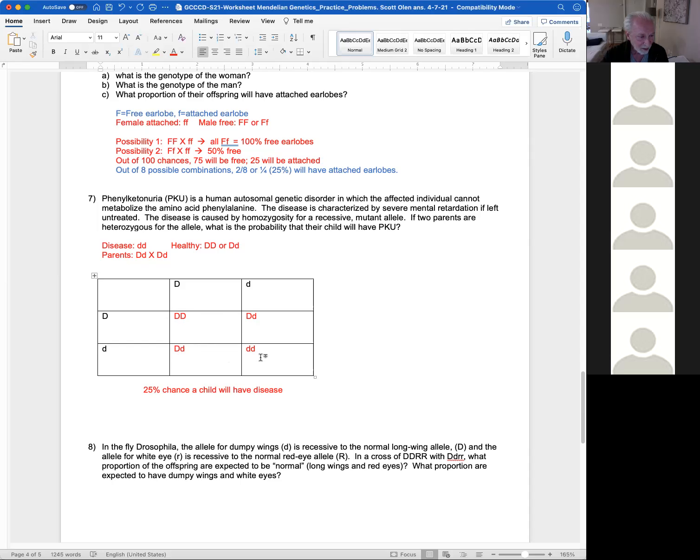And finally, one square gets little d little d. So the question is, what is the probability the child will have PKU? 25%. Right, yeah, 1/4. 25% chance.